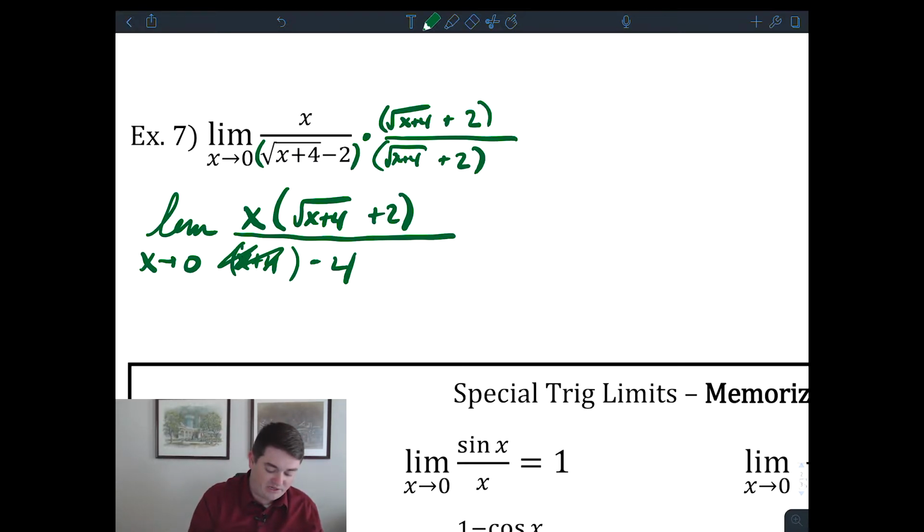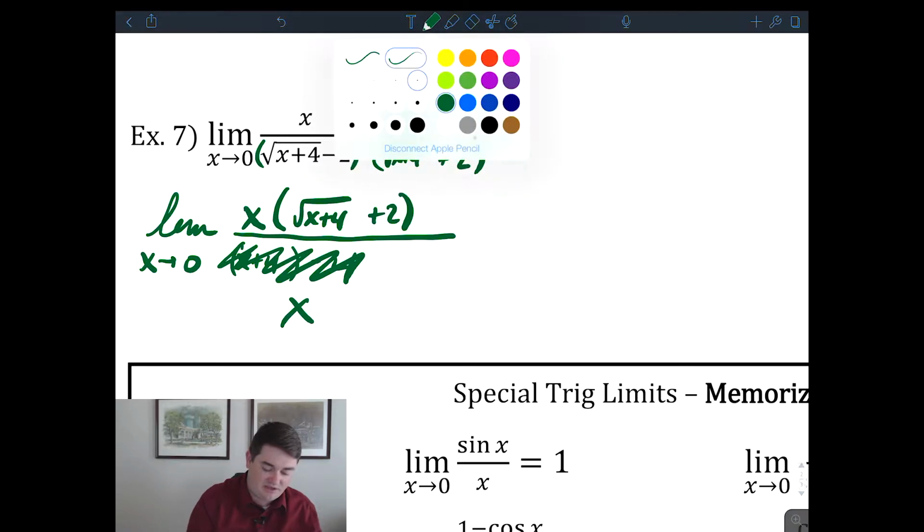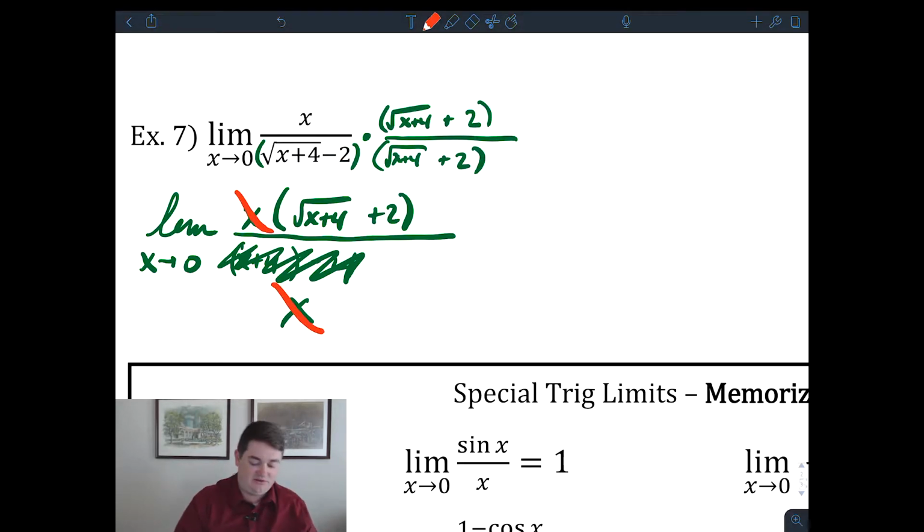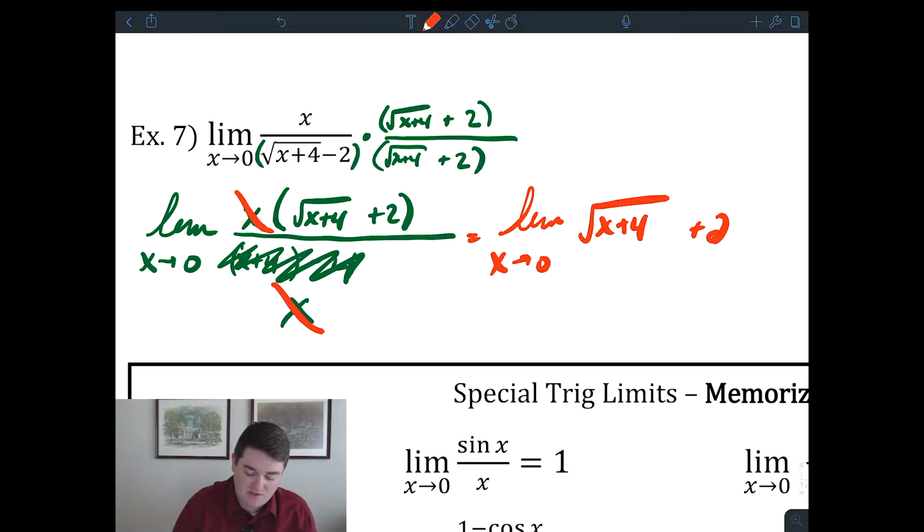Well, x plus 4 minus 4 is just x, and these x's cancel out. So this limit is equal to the limit as x approaches 0 of the square root of x plus 4 plus 2. Plugging in 0 gives me the square root of 4, which is 2, plus 2 is 4.